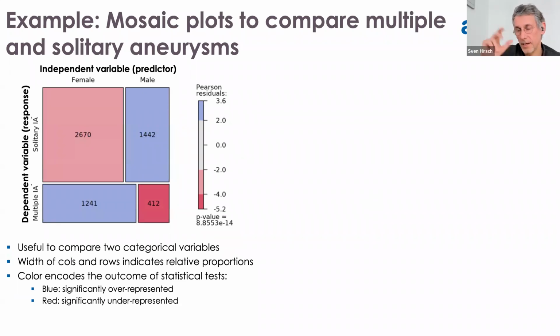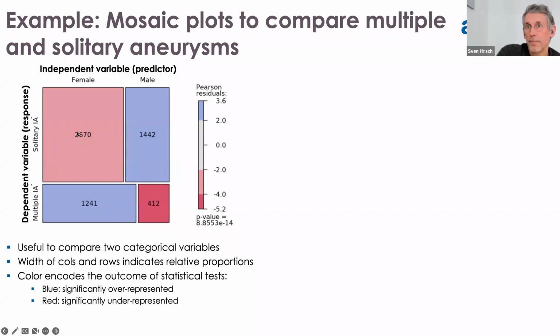And what you can see here is, for example, you have two factors that you look at pairwise. Here, multiplicity of an aneurysm. The lower one is the multiple aneurysms, the upper one is the solitary, so single aneurysms. The colored ones are always significant, and blue means overrepresented, red means underrepresented.